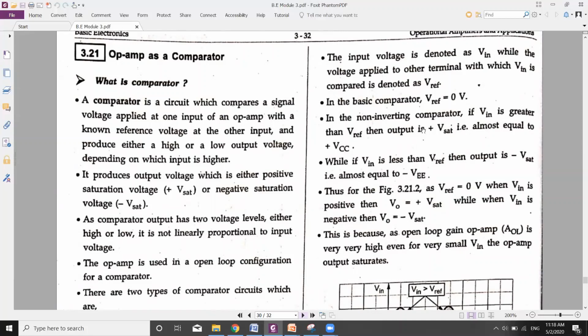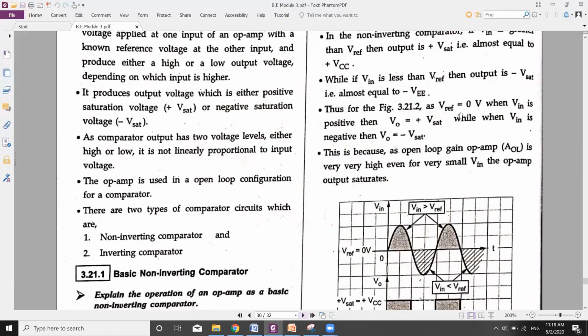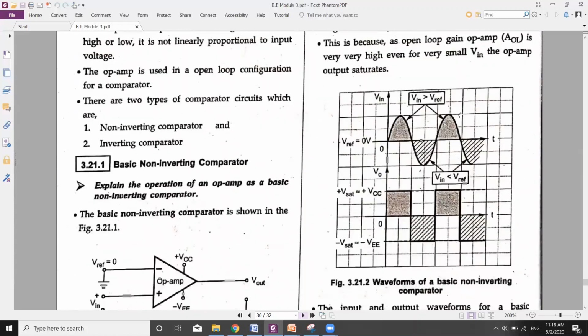Now, in the non-inverting comparator, the first case is if V in is greater than V reference, then the output will be plus Vsat. And when V in is less than V reference, the output is minus Vsat. That is what is shown in the waveforms.